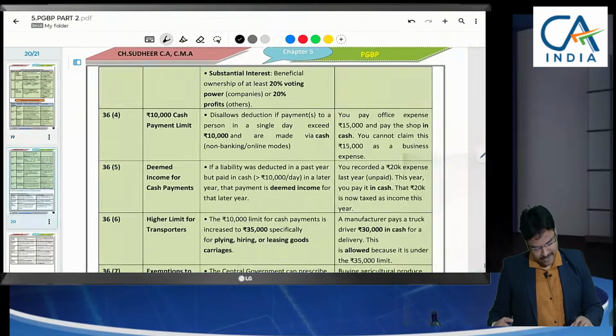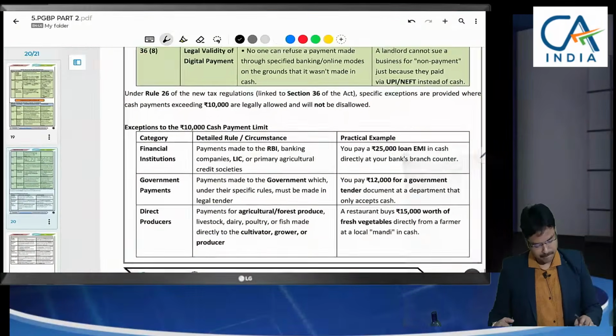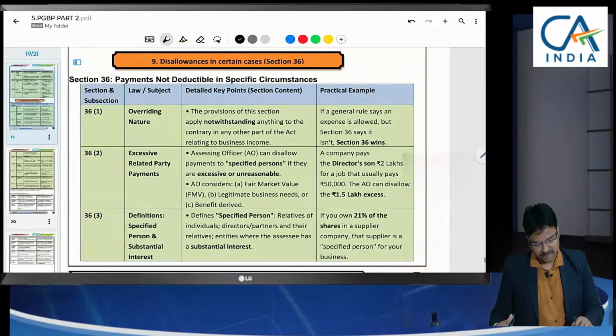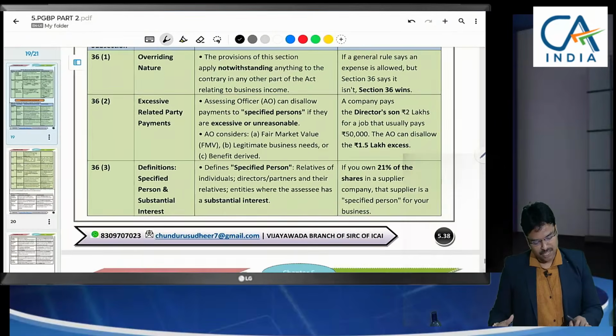So we have completed till section 35. Now comes the next section, 36. Some more disallowances.